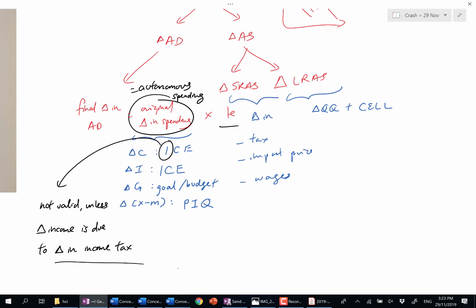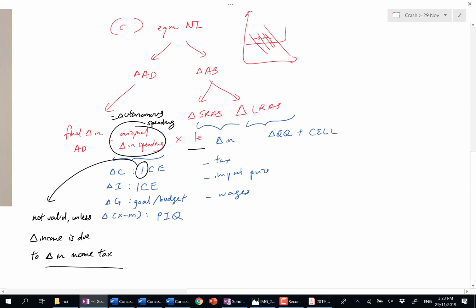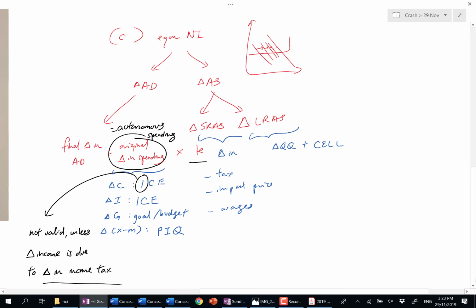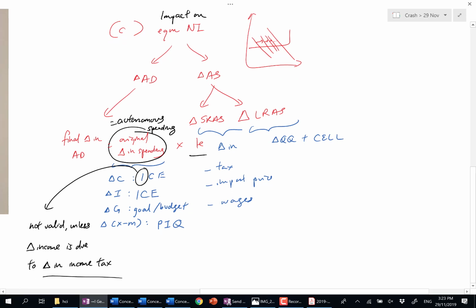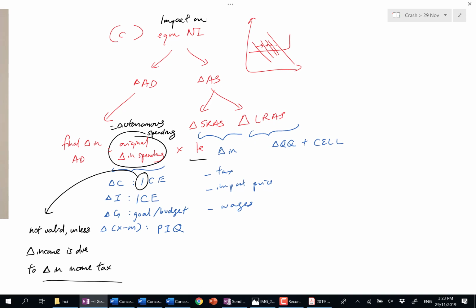You're already looking at the second, third, or a subsequent round. Does this clarify? Okay? So you see, it's a very simple dartboard. If there's a question asking what is the impact on equilibrium national income, we can actually dive from a change in AD to a change in AS into the subcomponents.